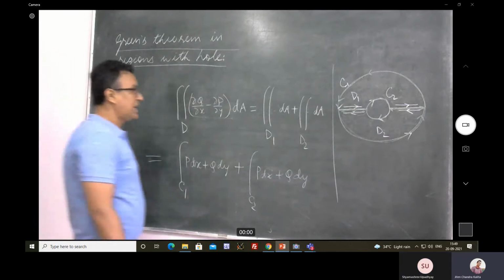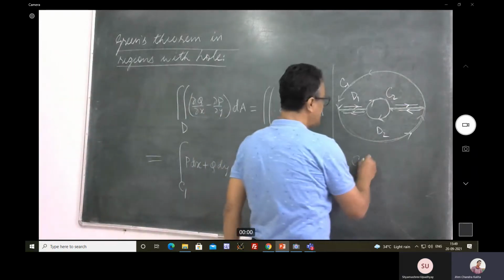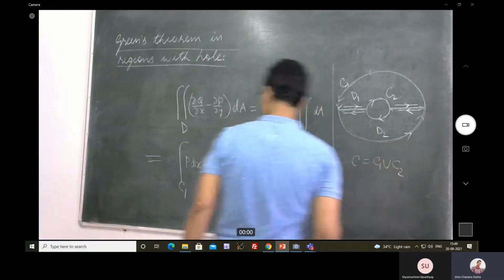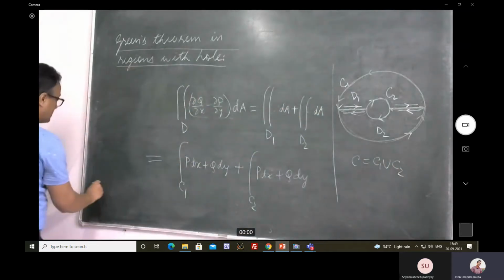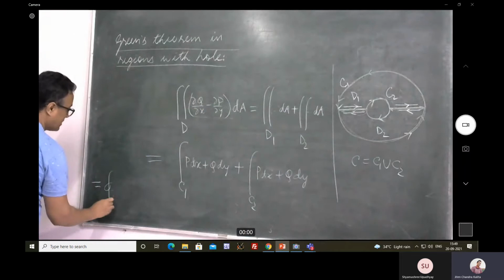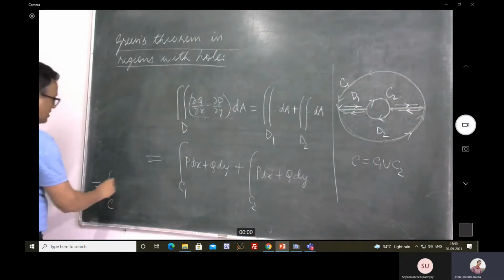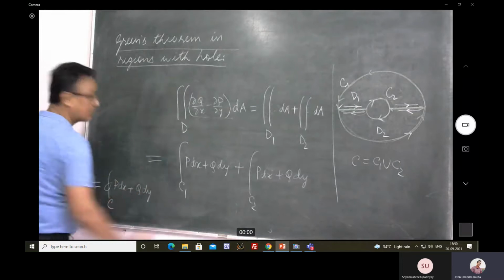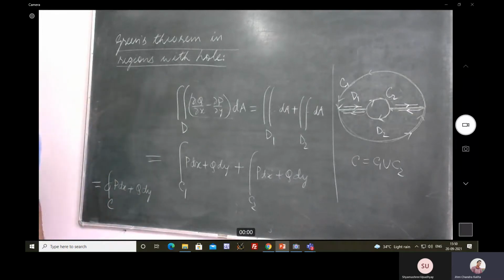Yes. Fine. And if C is the union of C1 and C2, then again you can see that you can apply Green's theorem. Green's theorem you can apply for what? Simple, multiply connected regions as well.